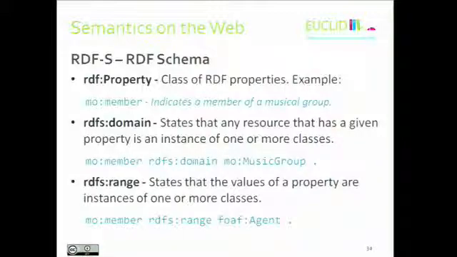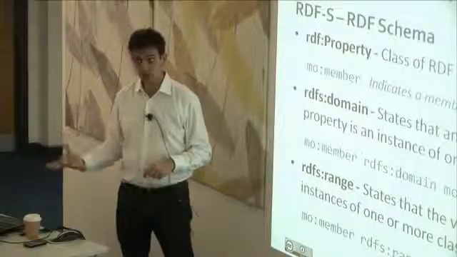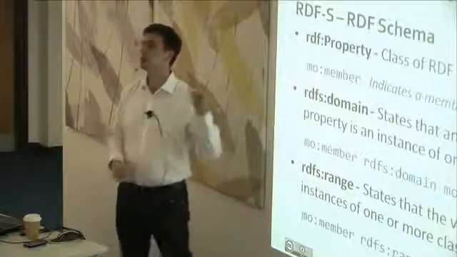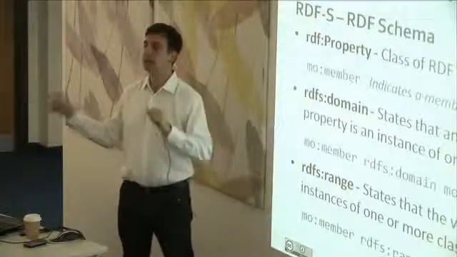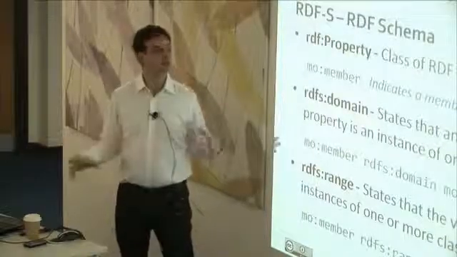So in the music ontology, we have a property that's used to specify relationships called member, okay, which relates a music group to people who are in that group. Okay? Now, the first thing we do, if we want to explicitly say that this resource is a property, it's to be used as a relationship, is to put it in the class of properties.